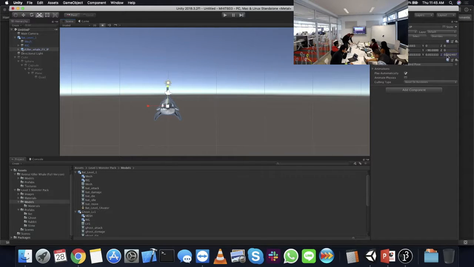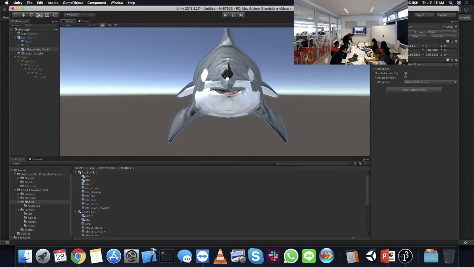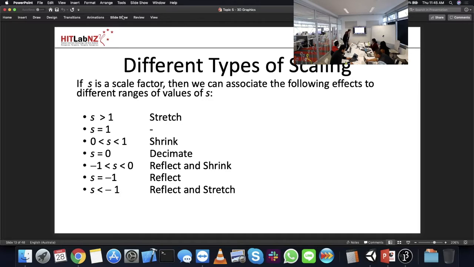So if I get my whale here and set his Z scale value to 0, it looks kind of weird because of the lighting, but you can't actually see him from the side anymore because he's effectively infinitely thin. If we have less than 0 but greater than or equal to -1, we're shrinking and reflecting it.